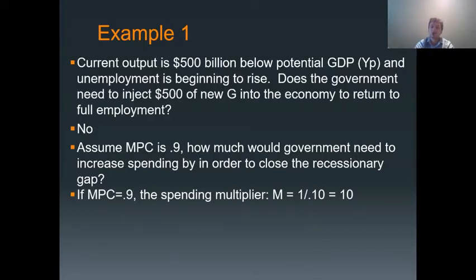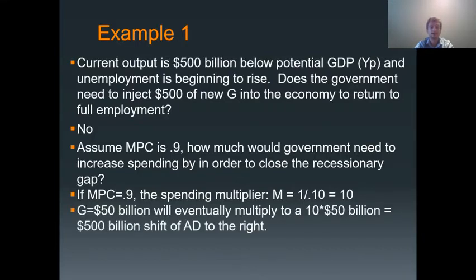Well, for that, you have to find out your multiplier. The MPC is 0.9. Then the multiplier is 1 over 1 minus the MPC, or 1 over 1/10, or 10. Then you figure 500 billion is the amount of the gap. You divide that by the multiplier to get how much needs to be spent.